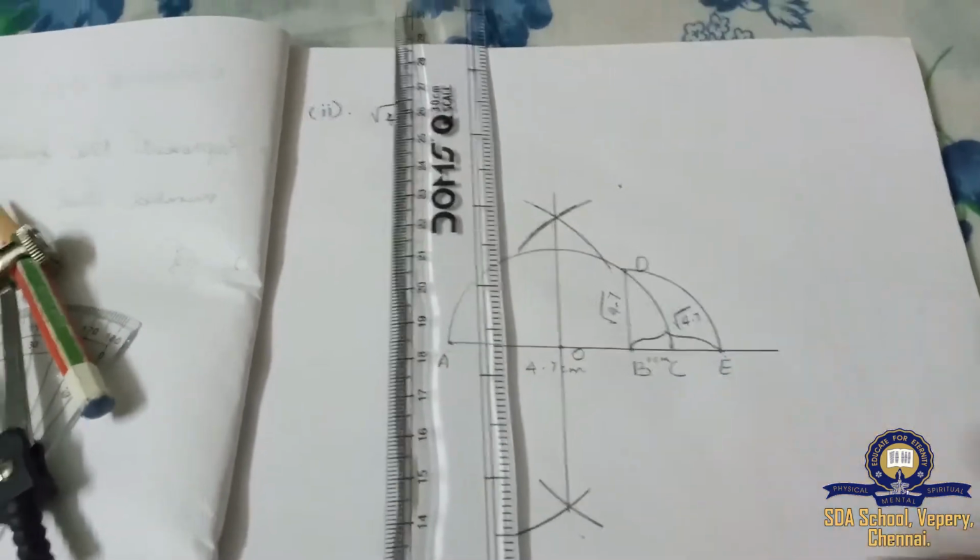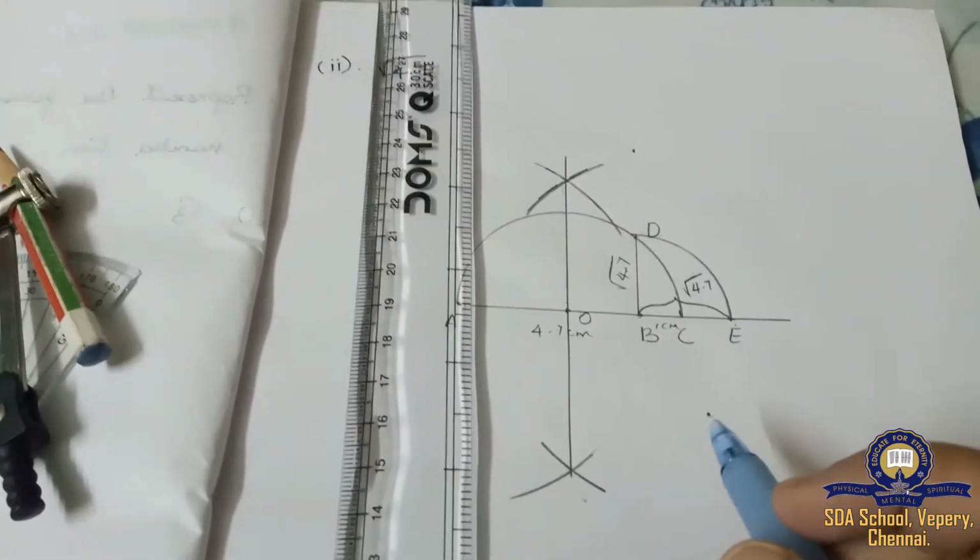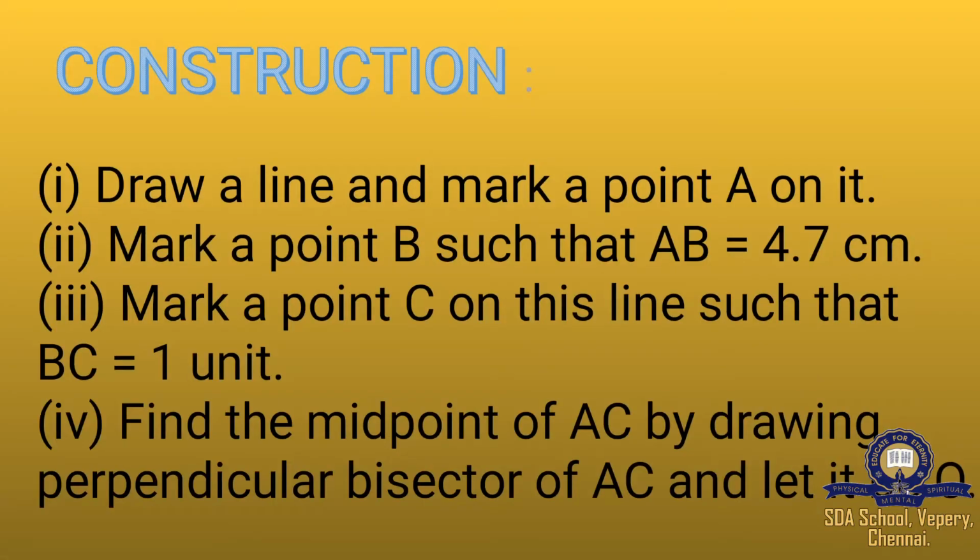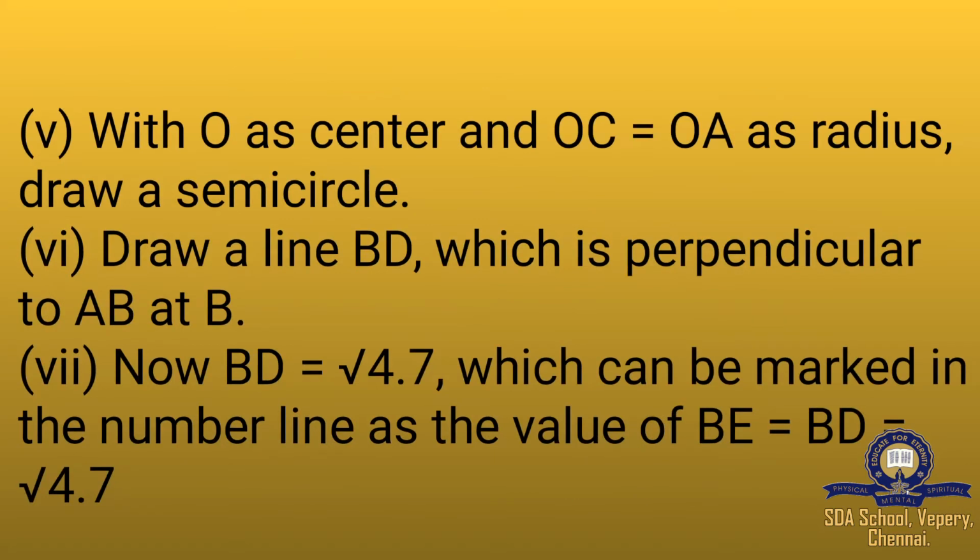You get it, students? We also have to write the construction for this sum. Again, you have to draw a line and then mark a point A on it. Then mark a point B such that AB equals 4.7 centimeters. Then mark a point C on the same line such that BC equals 1 unit. Then we have to find the midpoint of AC by drawing the perpendicular bisector of AC, and let it be O. Then with O as the center and OC equal to OA as radius, draw a semicircle.